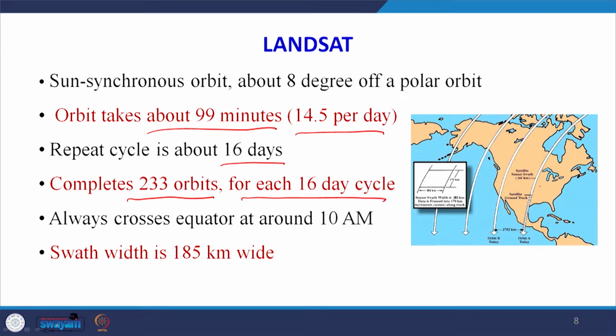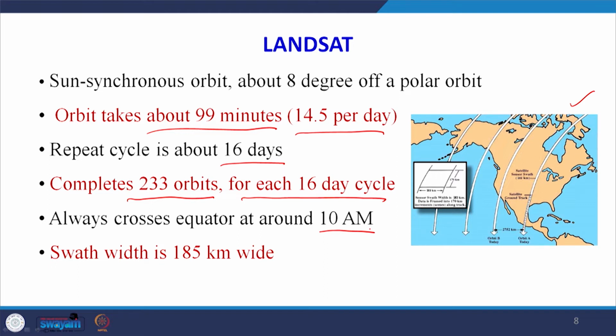You can see the orbit paths shown in the left diagram also. It crosses the equator around 10 am, most of the satellites between 10 and 10:30 am. This is the average time when the sun angle is low and you get very bright images because of less pollution also.